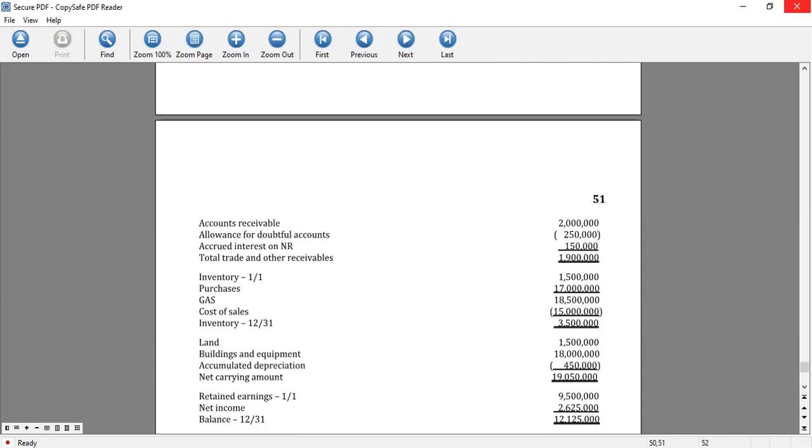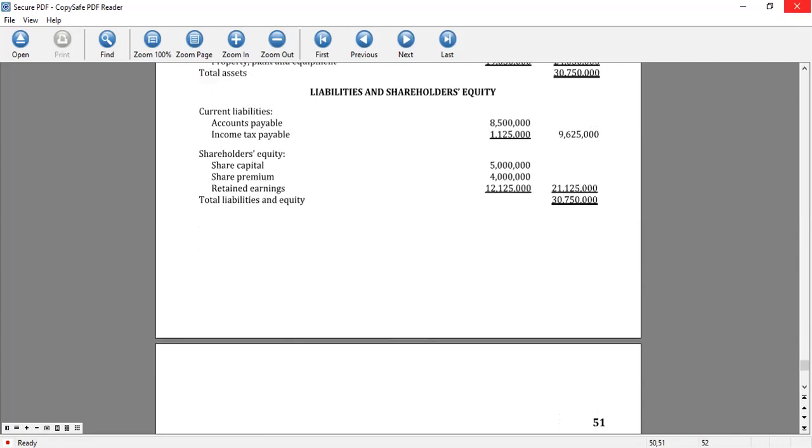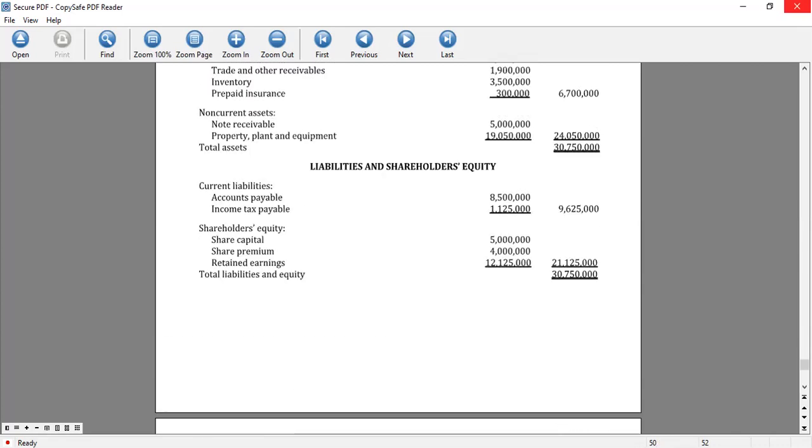So again, compute cost of sales equal to 60% of 25 million or 15 million. So we have the inventory on December 31 equal to 3.5 million.